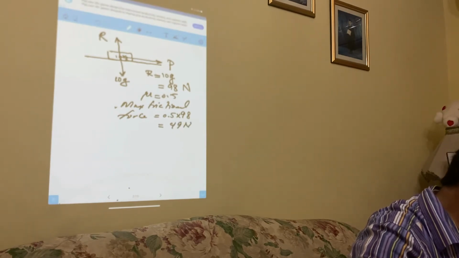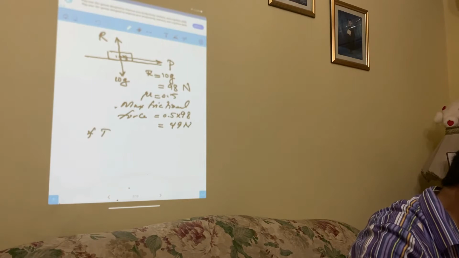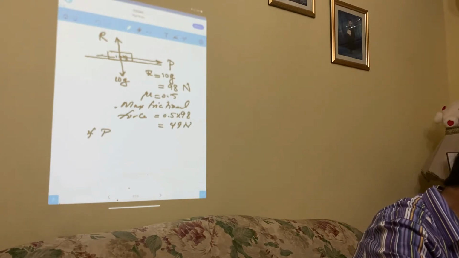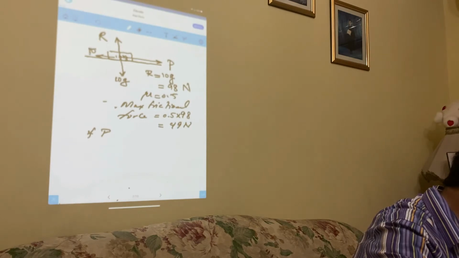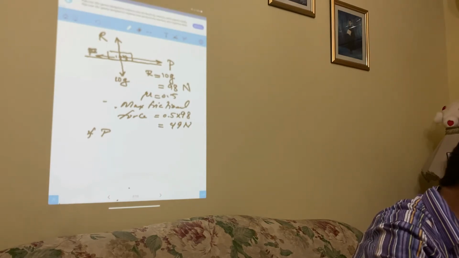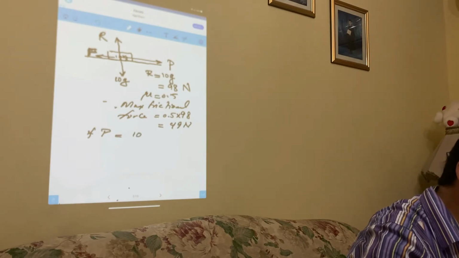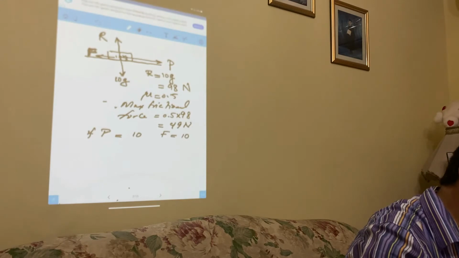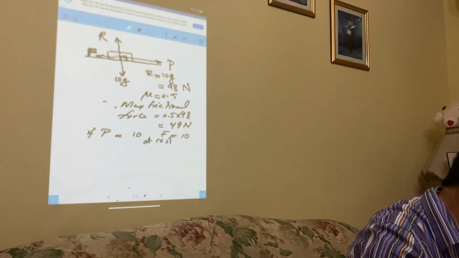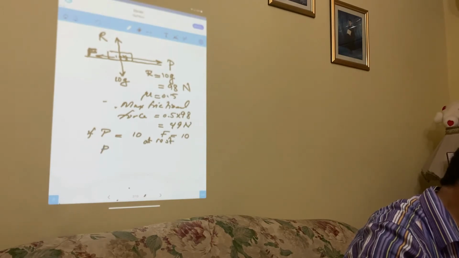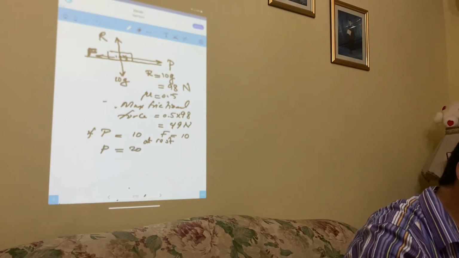If P equals 10, then the frictional force equals 10, and the body is at rest. If P equals 20, then F equals 20, at rest.